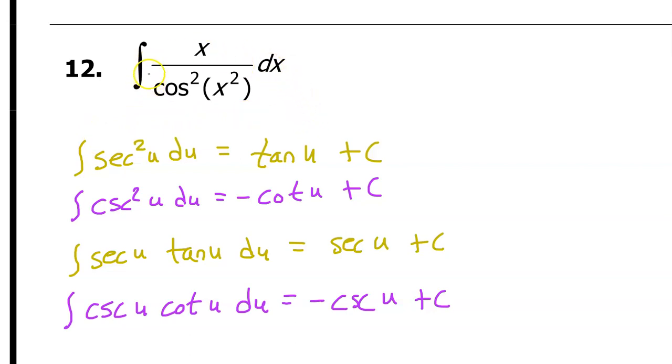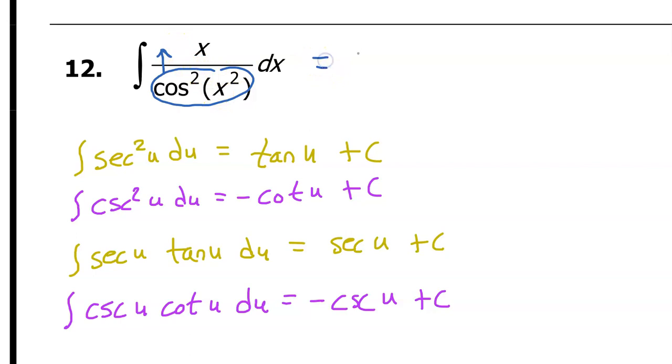So when I see an integral involving a trig function, I often try to see if I can rearrange it to look like one of these. And one thing that I know is that if I take the cosine and move it up to the numerator, it will become secant. So if I move cosine squared up to the numerator, it will become secant squared.